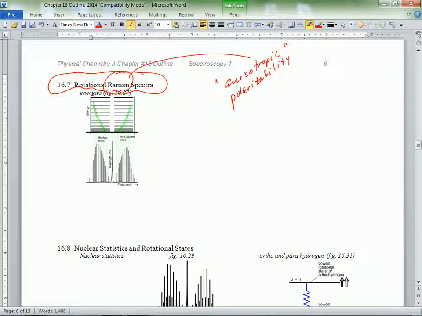Called the what rotors? Spherical. The spherical rotors are the only ones where you can't see. They're invisible. Raman spectroscopy can't see them. Give you an example of one: a perfect tetrahedron would be carbon tetrachloride.